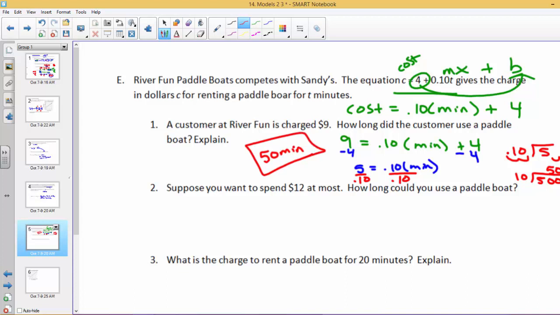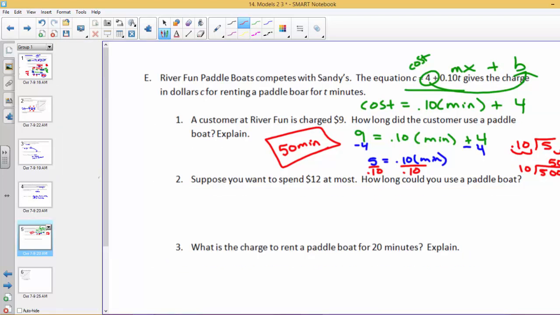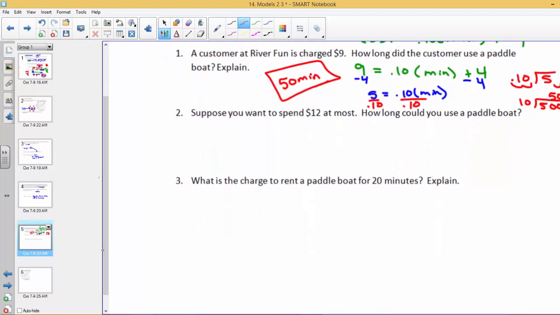If you want to spend $12 at most, so at most that means it's kind of going to be an inequality. So it's going to be a number or less as your answer. So 12 would equal 10 cents a minute plus $4. First step is to undo the order of operations.